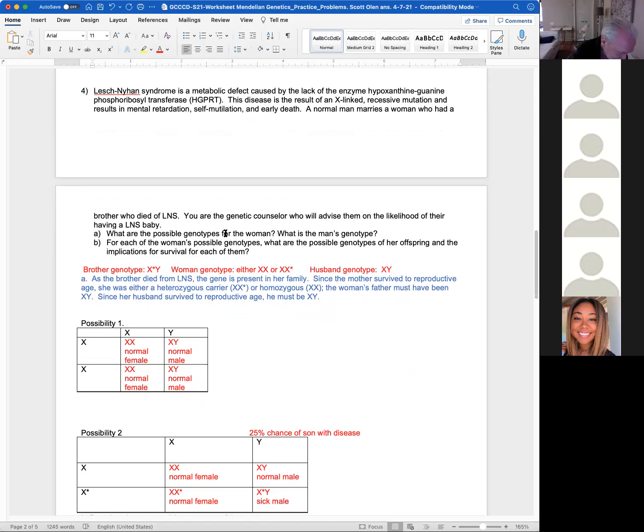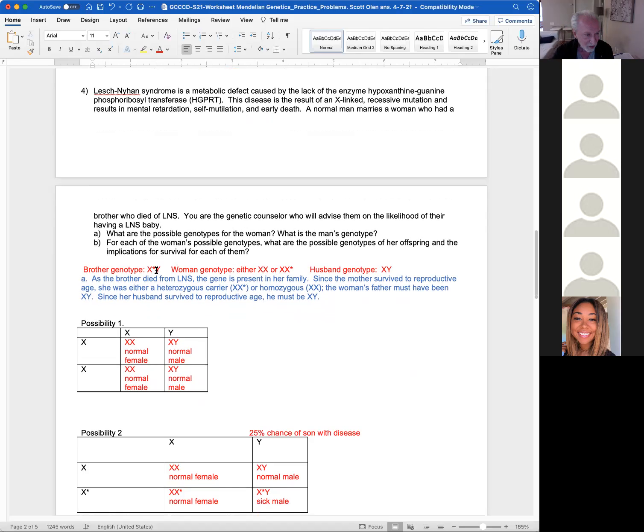Yes, that's right. So that would mean she either doesn't have it or she has one of her X chromosomes with the recessive gene, so she's just a carrier. That's right. We know that the woman and her brother had the same parents.